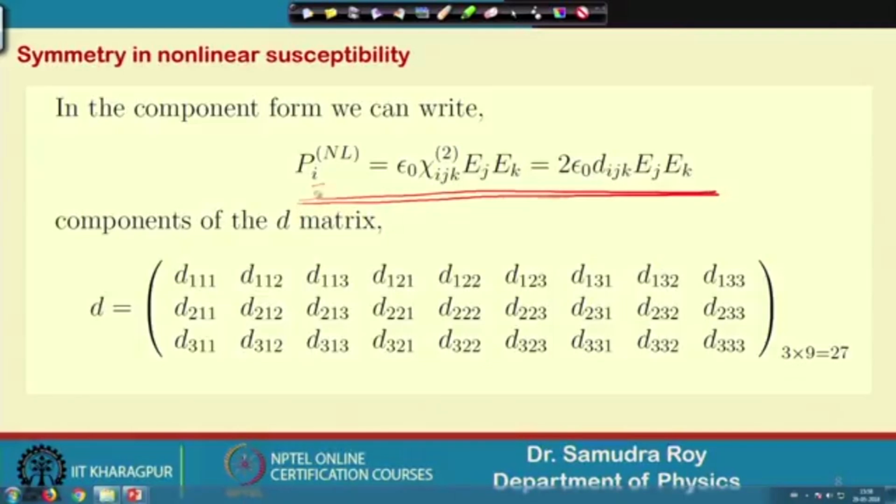So, the ith component of nonlinear polarization can be written in terms of j and k, and this is the susceptibility, the tensor components of the susceptibility chi ijk. Now j and k are the indices which are repeated here. We know that when indices are repeated, we have a summation sign, where chi ijk is something.